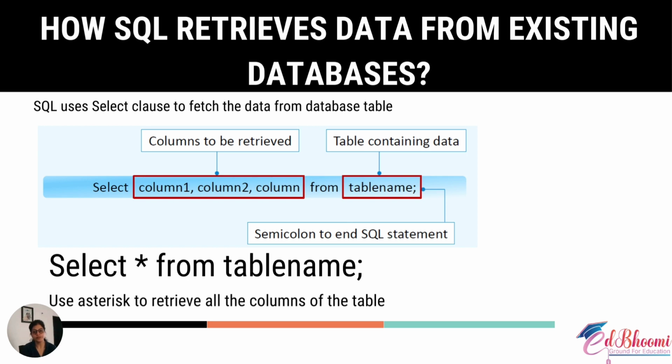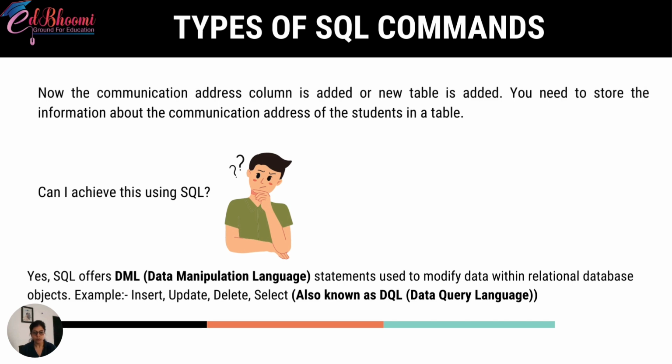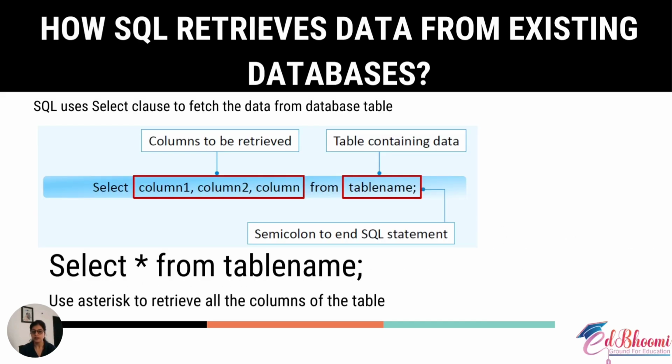How does SQL retrieve data from an existing database? SQL uses the SELECT clause to fetch the data from the database table. You must have come across SELECT in the DML statement; the manipulation statement allows us to select the data.